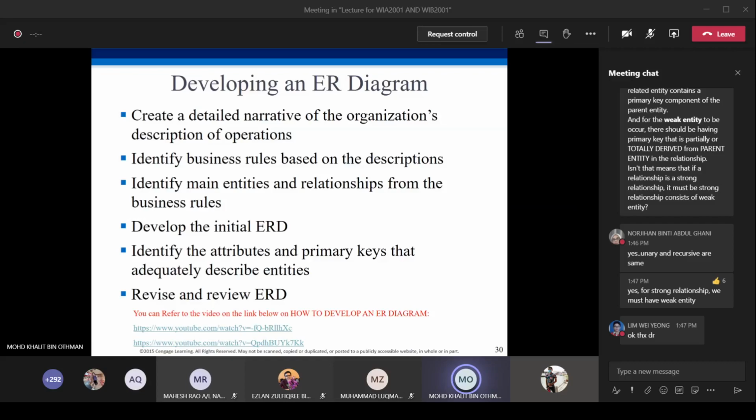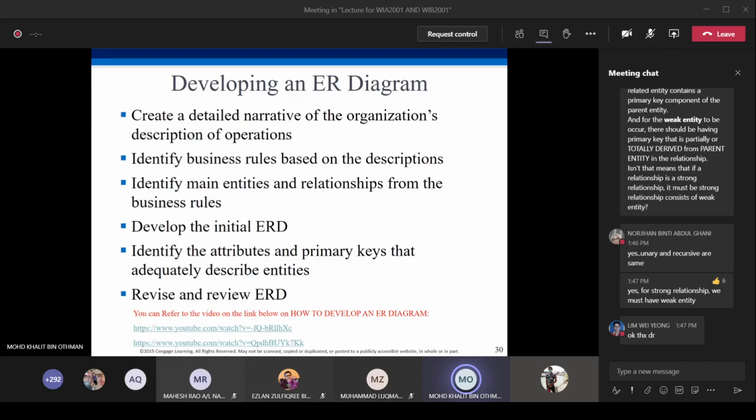After you create the detailed narrative of the organizational operation, you identify business rules based on that description. After you identify business rules, you have to identify the main entities and relationships from the business rules, or from the detailed narrative.